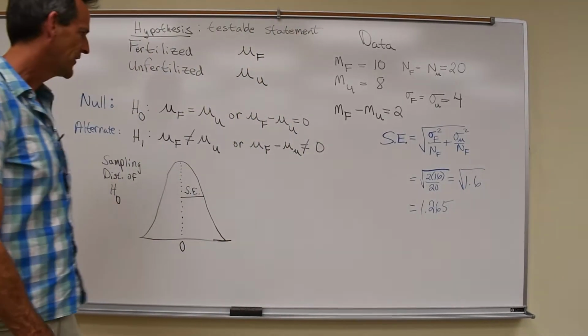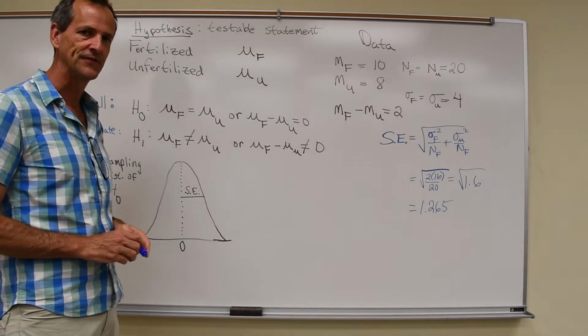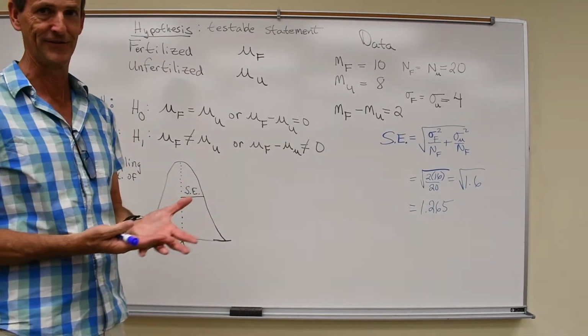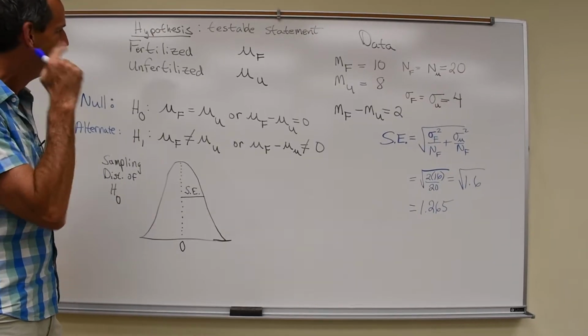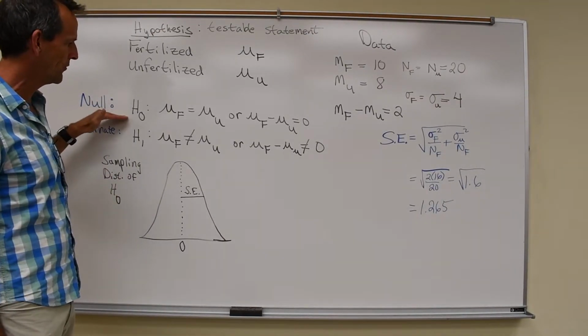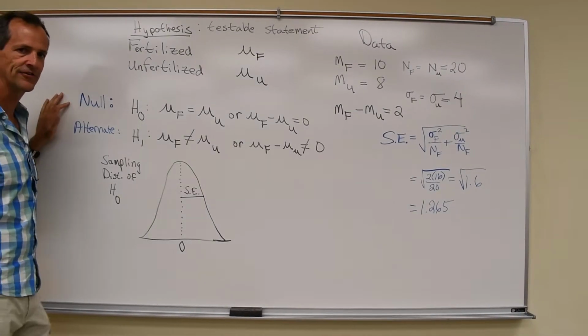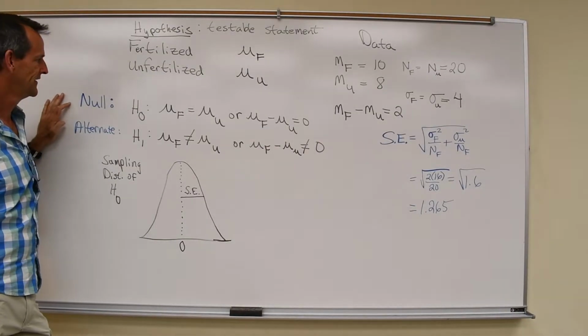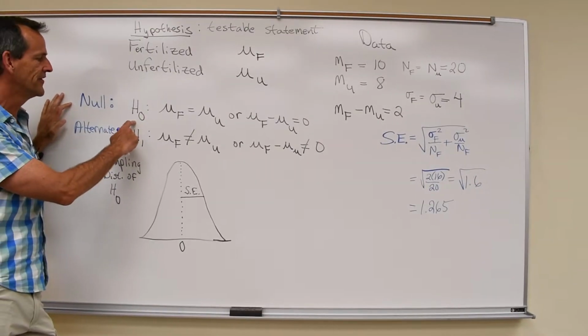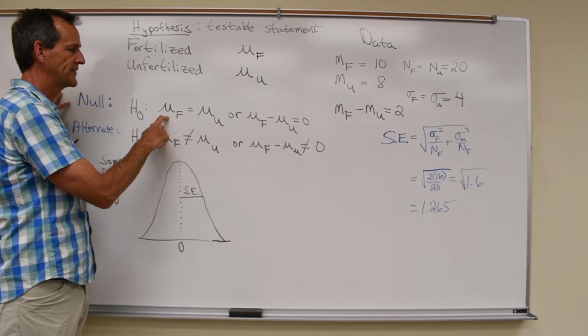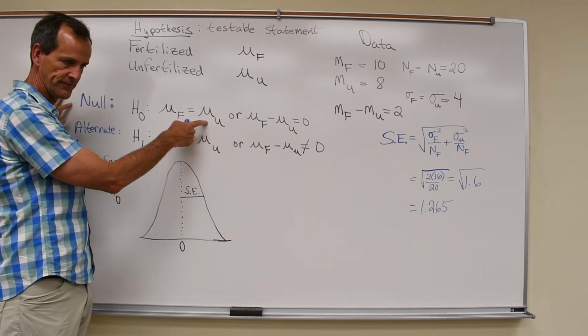Okay, so the first step of hypothesis testing usually involves generating hypotheses, as you might guess. One of the most important ones is the null hypothesis. This is what we're actually trying to disprove. In this case, our null hypothesis would be that the fertilized plants are the same as the unfertilized plants.